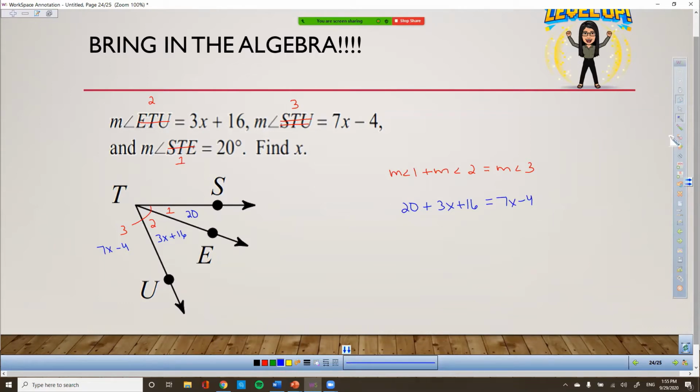All I'm left to do is collect letters with letters and numbers with numbers to be able to solve for x. So first things first, on my left side, I can combine numbers with numbers. 20 plus 16, so in this case, I'm left with positive 3x, and then 20 plus 16 gives me a total of 36. So 3x plus 36 equals 7x minus 4.